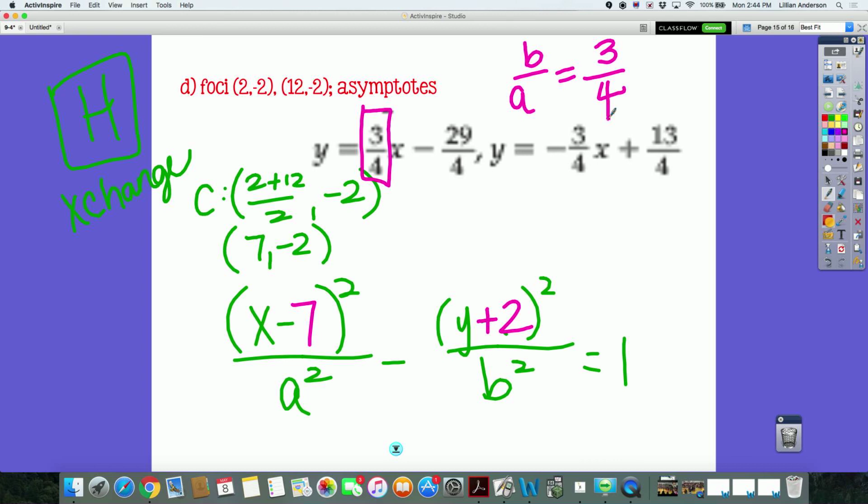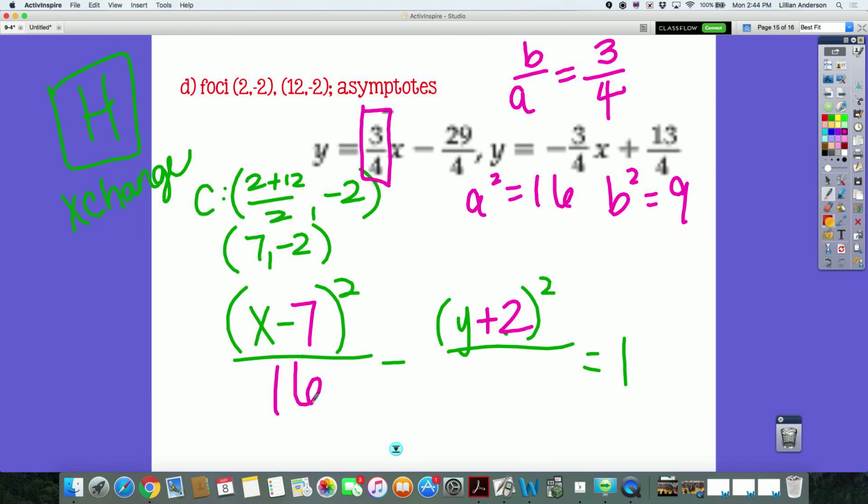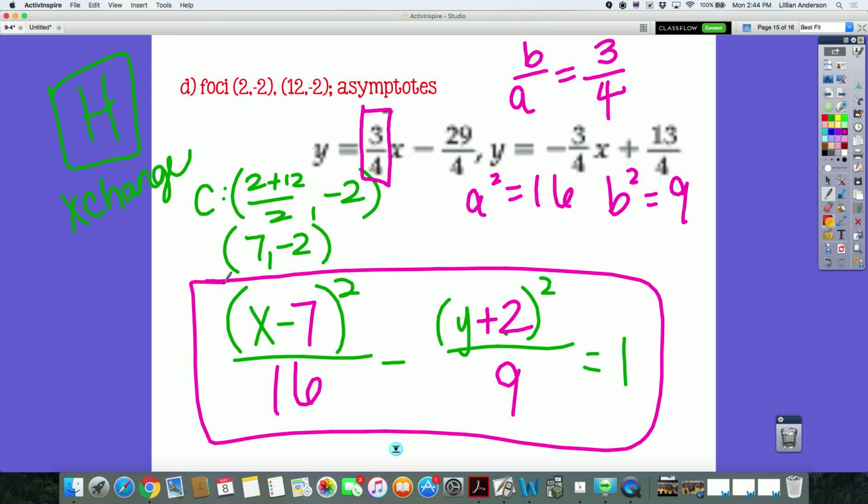A is 4, b is 3. So a squared is going to be 16, b squared is going to be 9, and that is what we plug in. A squared is 16, b squared is 9, and we have our equation. The trick is for these, you just want to make sure that you know it's b over a versus a over b because it's horizontal.